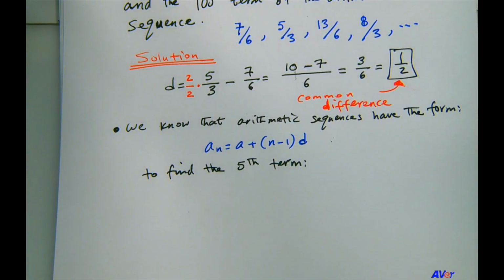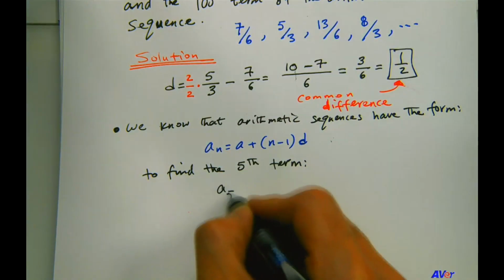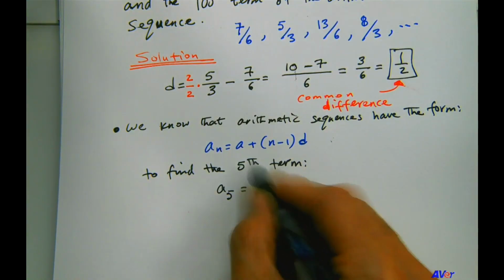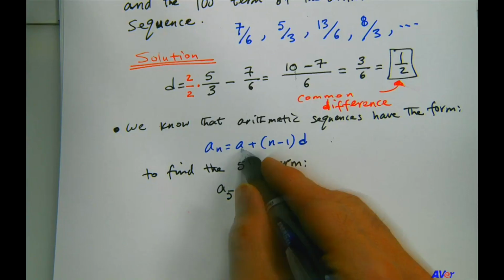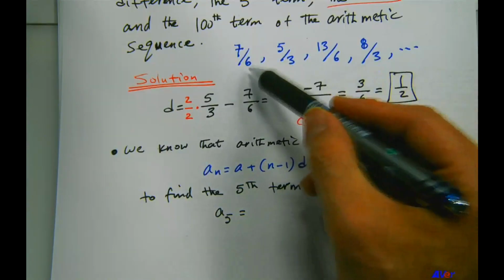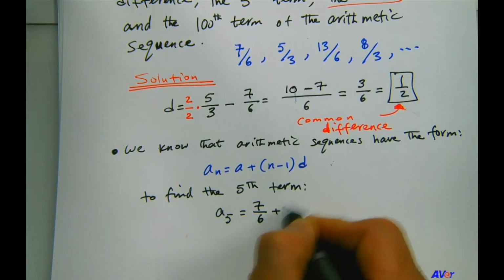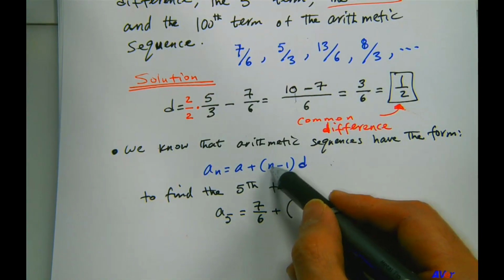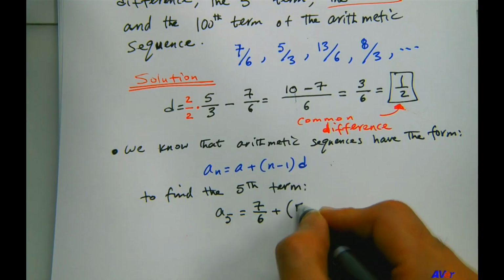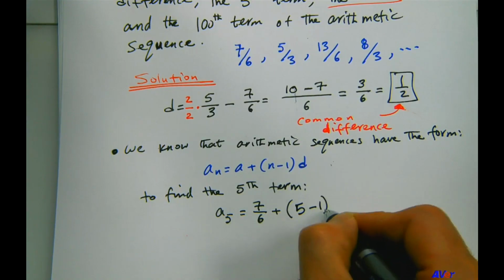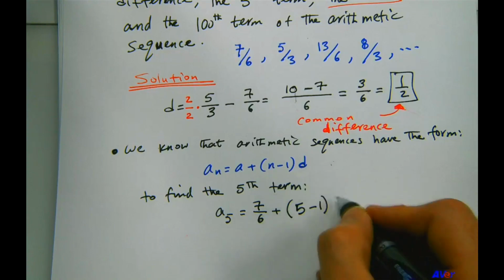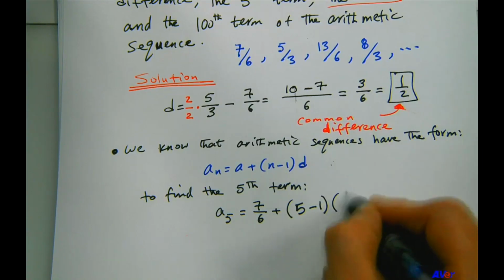Just use that. So we have a5, or the fifth term, is equal to the first term in the sequence, that is 7/6, plus, we're finding the fifth term, so n would be 5, minus 1 times d, which we just found, which is 1/2.